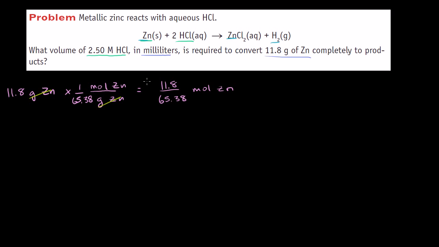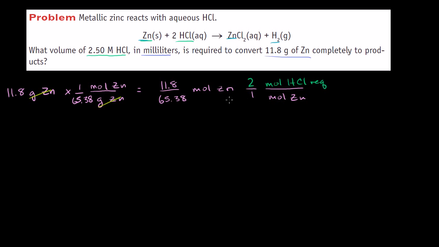Now, we're trying to figure out how much of this solution of hydrochloric acid is required. So the next thing we want to figure out is how many moles of hydrochloric acid are required. And we see that for every mole of zinc, we need 2 moles of hydrochloric acid. So for every 1 mole of zinc, put that in the denominator, we need 2 moles of hydrochloric acid.